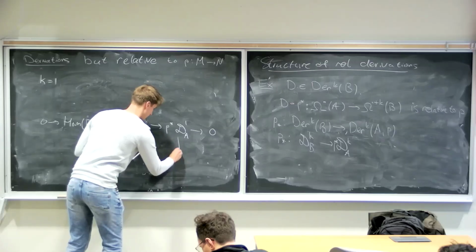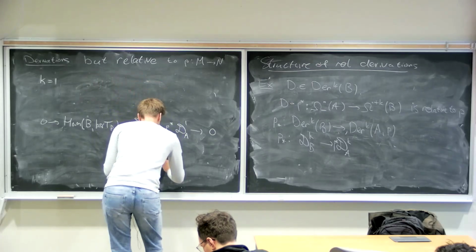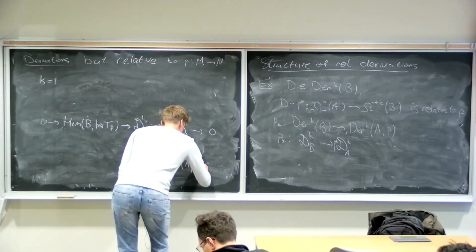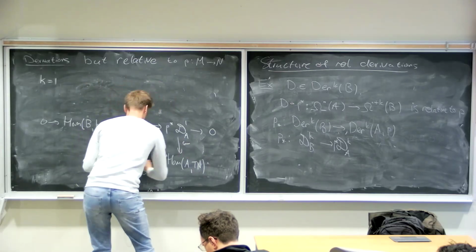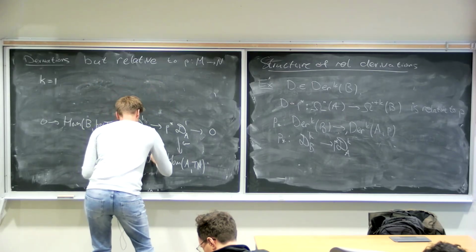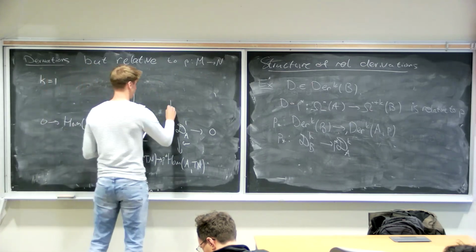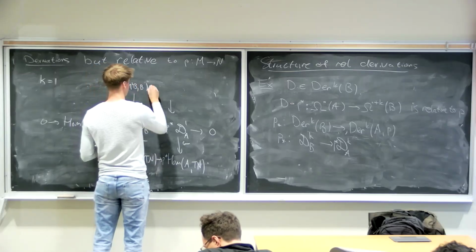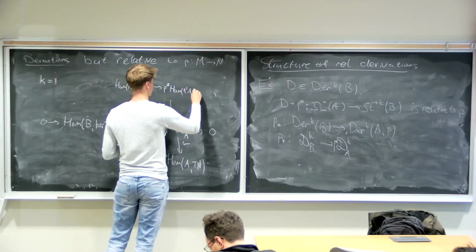So the symbol map goes down. This goes to P star Hom(A, T_N). Here the symbol map goes to Hom(P star T_N). The kernels of the symbol maps are Hom(wedge 2 B, B), and here P star pullback Hom(wedge 2 A, A).